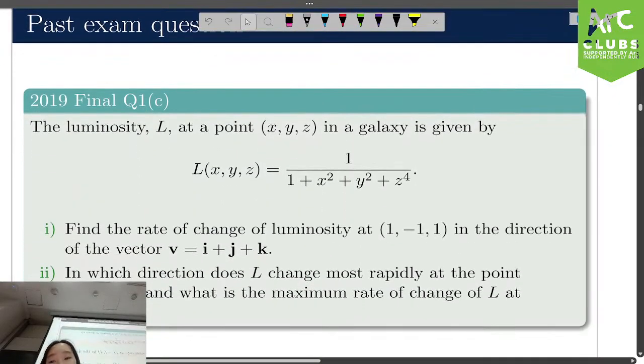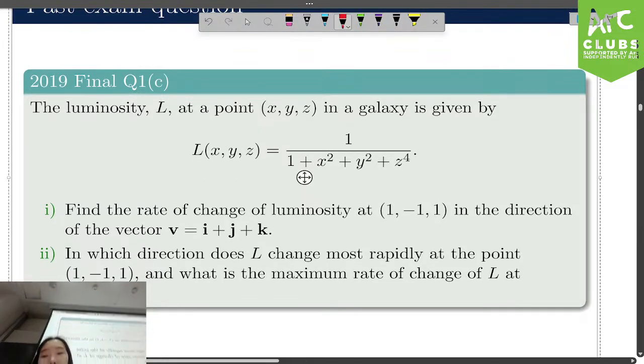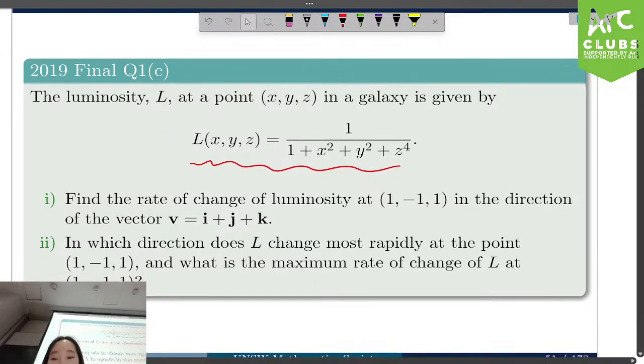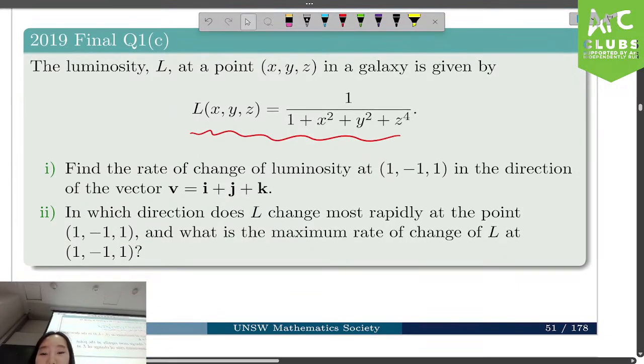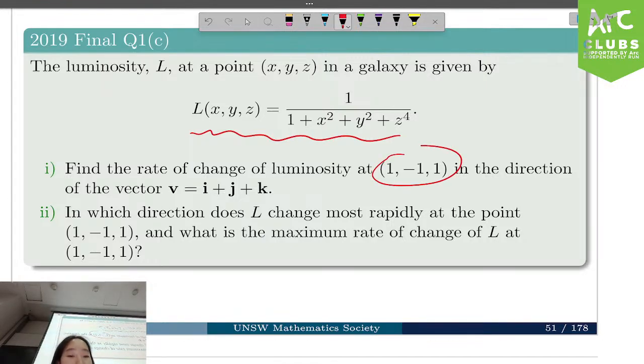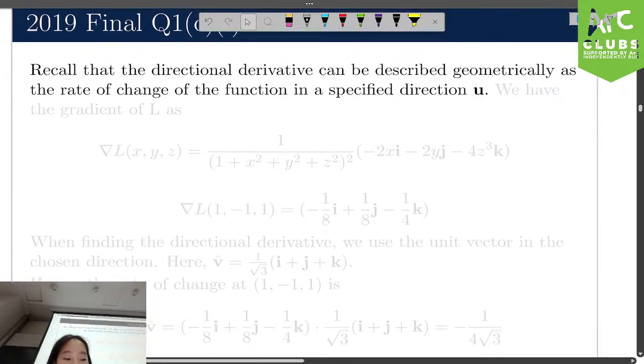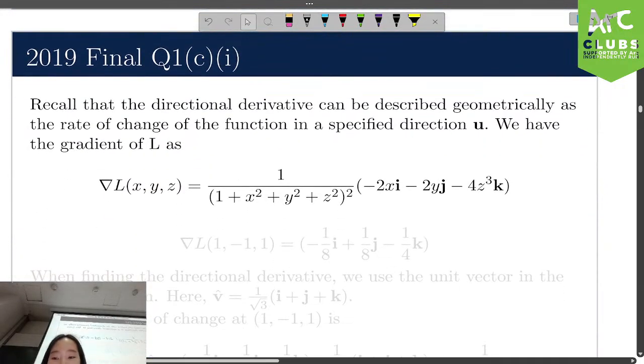We have past exam questions about the luminosity. Define the luminosity L as the following. The question asks: find the rate of change of the luminosity at the point (1, -1, 1) in the direction of the vector. Our first step is to find our gradient. So what is our gradient?